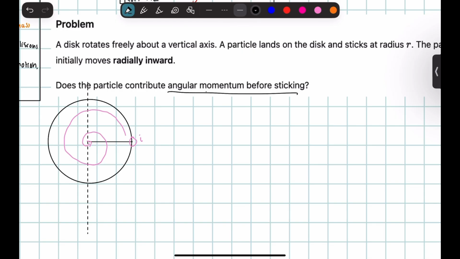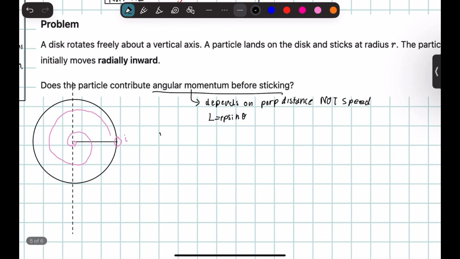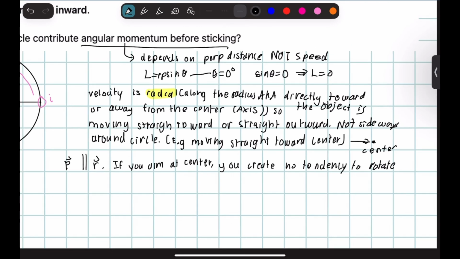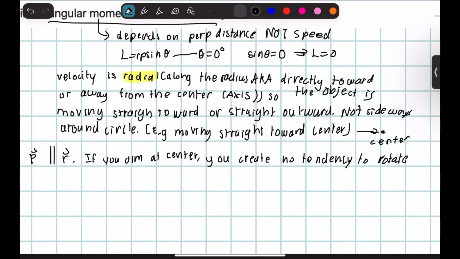Well, what does angular momentum depend on? It depends on perpendicular distance, not the speed, right? And we know that from the equation for angular momentum, which is L is equal to r p sine theta. And also, we know that velocity is radial.